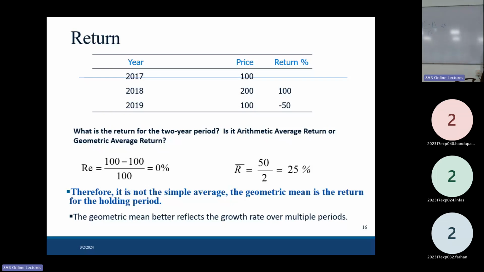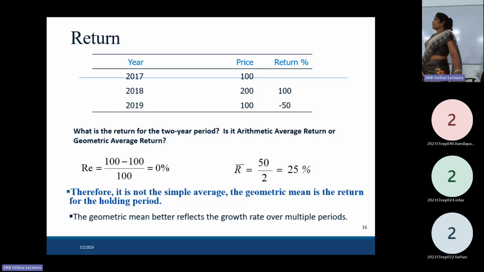Geometric mean better reflects the growth rate over multiple periods, not the simple average. Geometric mean reflects the growth rate during a holding period. So the conclusion is, if you want to calculate holding period return, the statistical tool that you should use is the geometric mean, not the arithmetic or simple average. Did you realize that?